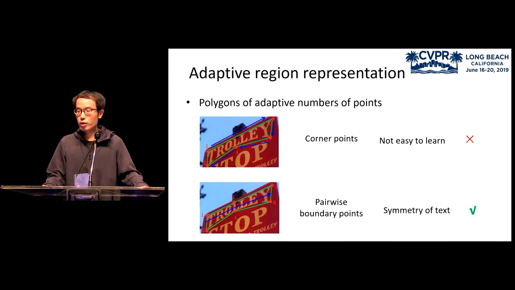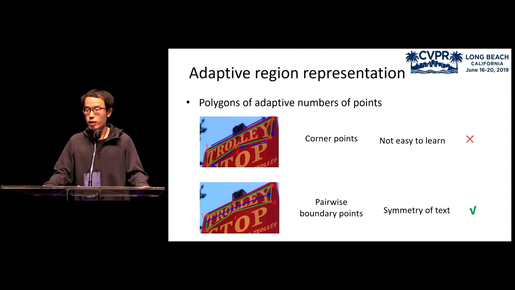We have used 2 ways to represent text regions. First, we consider using corner points. One corner point is predicted each time step with an RNN, but we find that it's not easy to learn because the prediction direction changes, as shown in the figure.